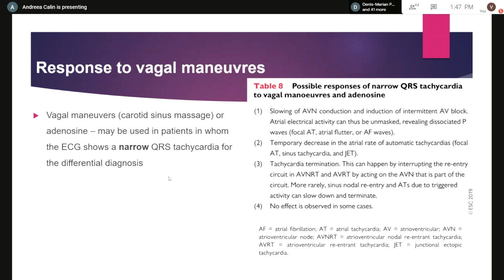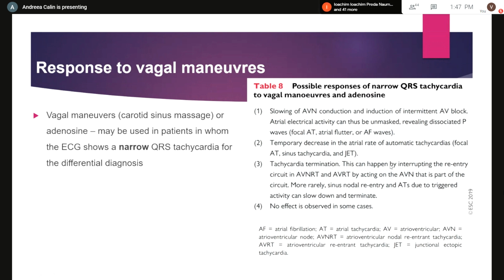The response to vagal maneuvers is important. In these patients with a narrow QRS tachycardia, we should perform vagal maneuvers for a diagnostic scope. There are several possible responses of narrow QRS tachycardia to vagal maneuvers. There is slowing of AV nodal conduction and induction of intermittent AV block, and the atrial activity can be unmasked. There may be a temporal decrease in the atrial rate, or there may be a sudden tachycardia termination.